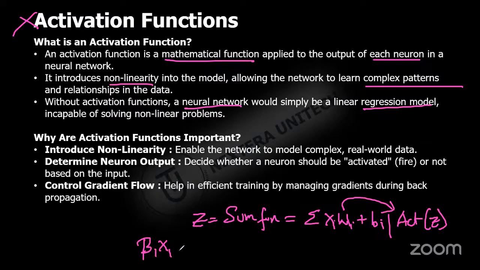Beta 1 x1 plus beta 2 x2 plus beta 3 x3 and so on, plus an error term, or beta naught, the coefficient. Is this the same as the summation function equation? Yes. Without activation functions, statisticians and scientists identified that these were similar to linear regression models. That is why activation functions were introduced.